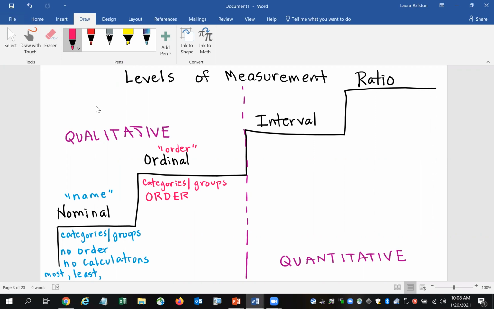Think about sometimes when you have to do surveys and they give you the option: strongly agree, agree, neutral, disagree, strongly disagree. Again, there's a sense of order. Now, it's open to interpretation.